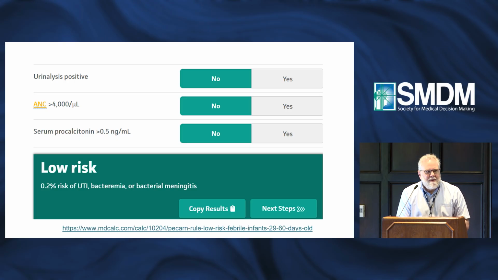The other one is MD Calc. And so in this case, you have a patient with a negative urinalysis, ANC of greater than 4,000, and a normal procalcitonin, low risk. But the harder case, and I think we would all agree that that's an advance because we used to admit all of these patients, treat them all with empiric antibiotics, and really expose a bunch of babies with colds to unnecessary interventions and treatment.